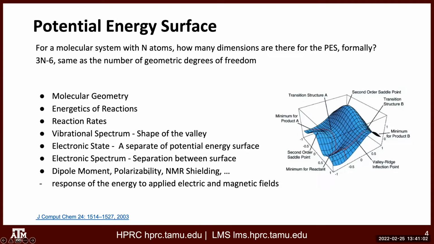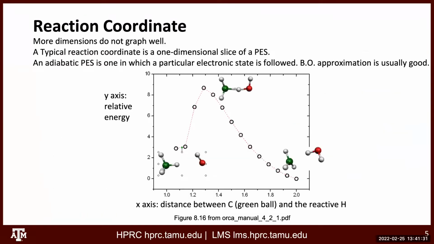Other molecular properties like dipole moments, polarizability, and NMR shielding are basically the response of the energy to applied electric or magnetic fields at those points on this potential energy surface. So being able to map out the potential energy surface is very useful.